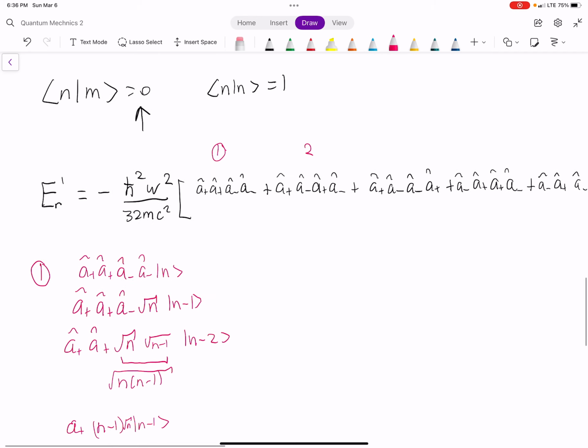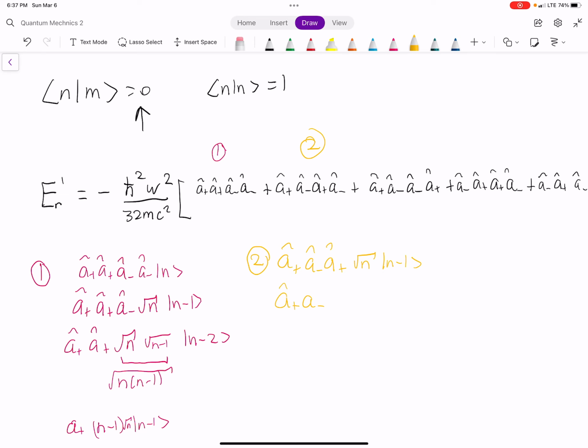We'll call this one, let's do it in a different color, 2. So hopefully it makes sense what I'm doing with the raising operators. I'm going to start going a little bit faster. So A plus, A minus, A plus. And then the lowering operator will get you this state.